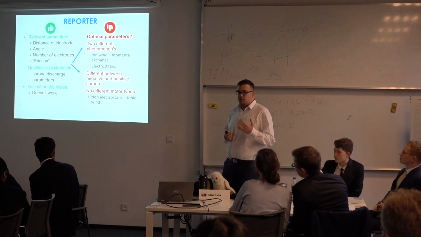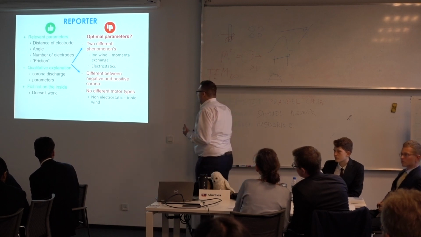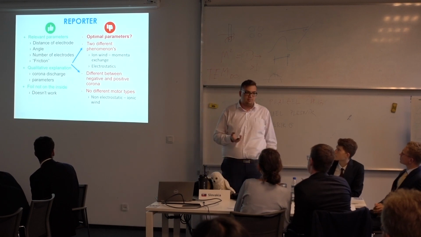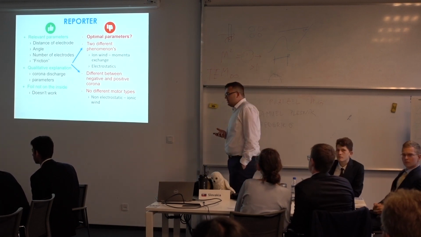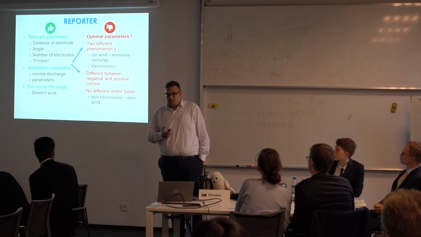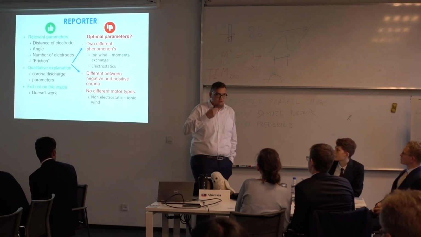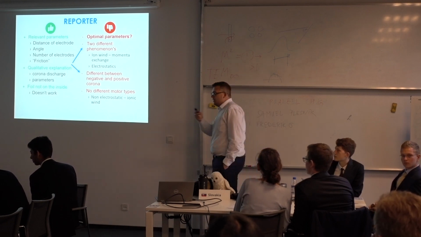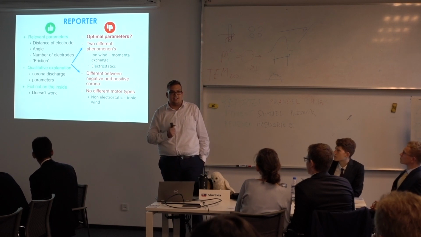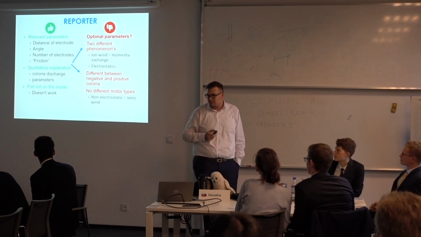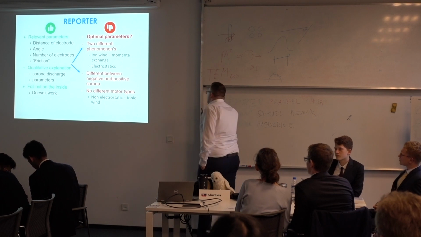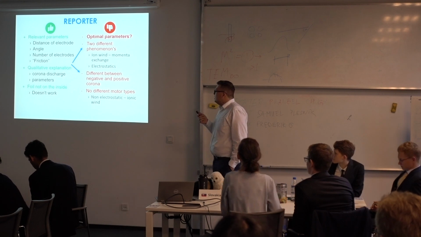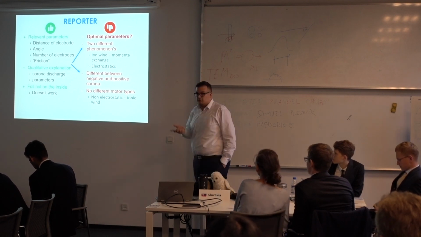They did not introduce simple empirical models that are well known, such as Peek's law, describing the relationship of voltage needed for the corona to occur and other relevant parameters by which they could explain their measured dependencies. They tried to measure and optimize a few relevant parameters such as distance of electrodes, angle, number of electrodes, and of course friction.